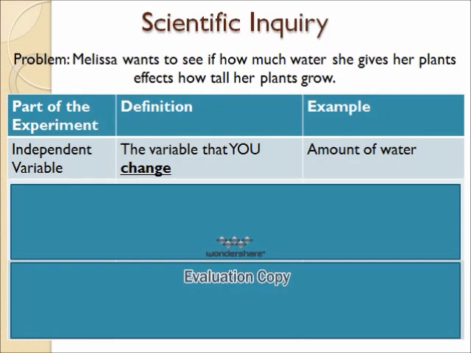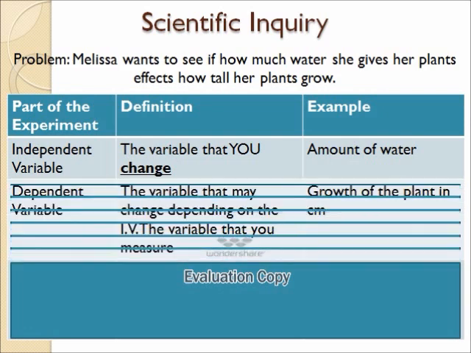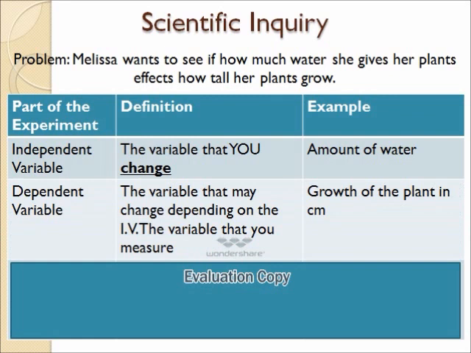You control it. The next thing is the dependent variable, which is the variable that may change depending on what you do with the independent variable. It's also what you're going to measure. Okay, so in this particular experiment, it's going to be the growth of the plant, and remember, we always measure in metrics, so it's going to be in centimeters.